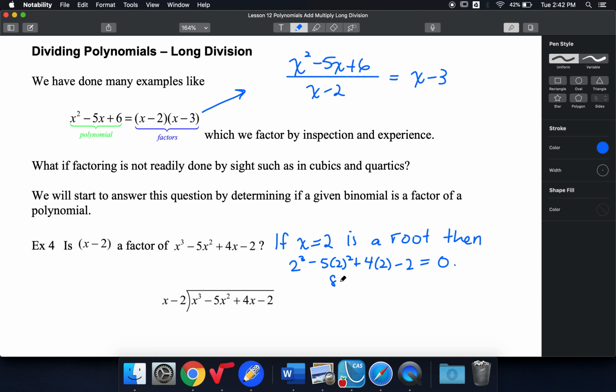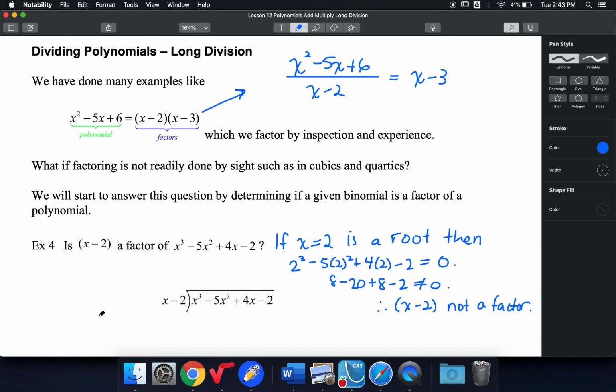It's going to be 8 minus 20 plus 8 minus 2. So 8, that's minus 12, minus 20 is 4, 8 is 2... that is not equal to 0, so x minus 2 is not a factor. That means that when I divide, I'm going to end up with some sort of remainder.